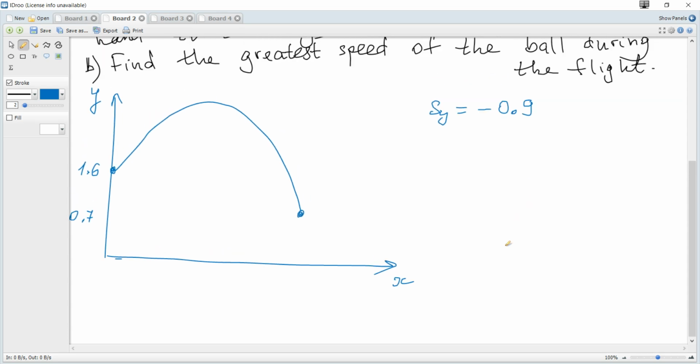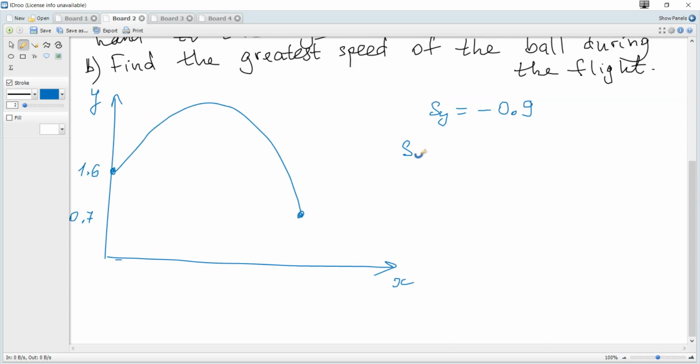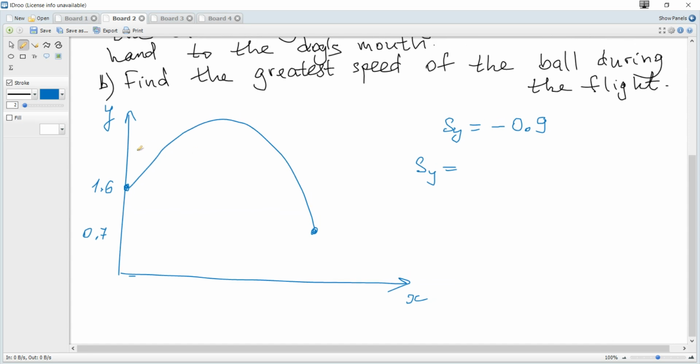So vertical displacement is ut. U, it's what?